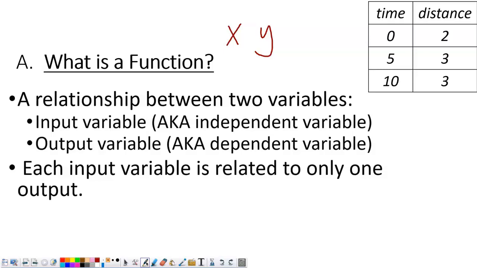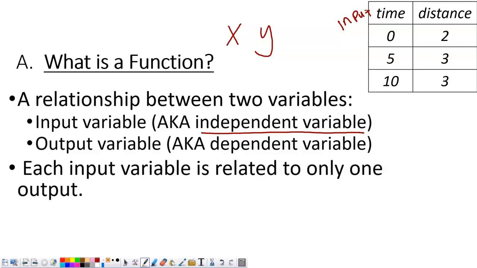Now, almost always when it comes to story problems that involve time, time is the input variable. And what that means is it's the independent variable, and what that means is time operates on its own without anything else affecting it, usually.